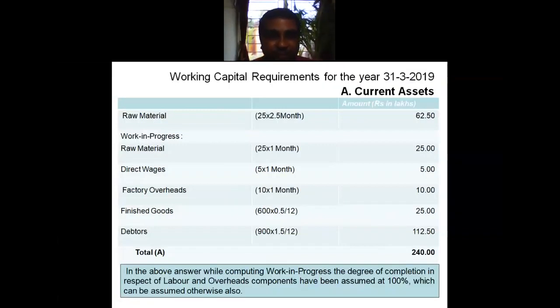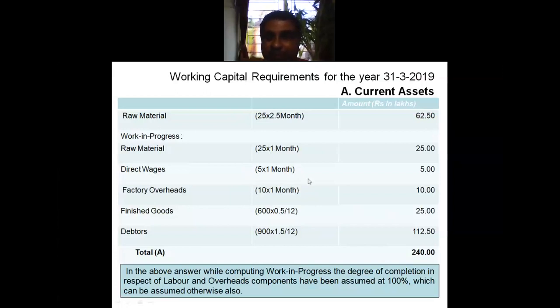Now we are going to compute the working capital requirement for the next year. As the question says, raw material will be for 2.5 months, so we have found the amount. Work in progress consists of raw material, direct wages and factory overhead for 1 month each. We assume that direct wages, overhead and raw material costs are 100% consumed.